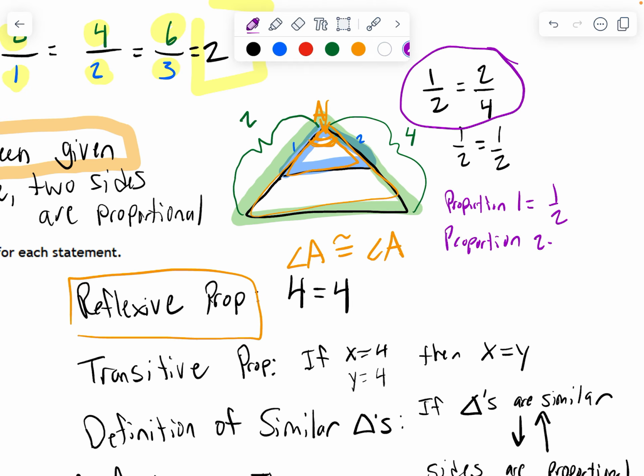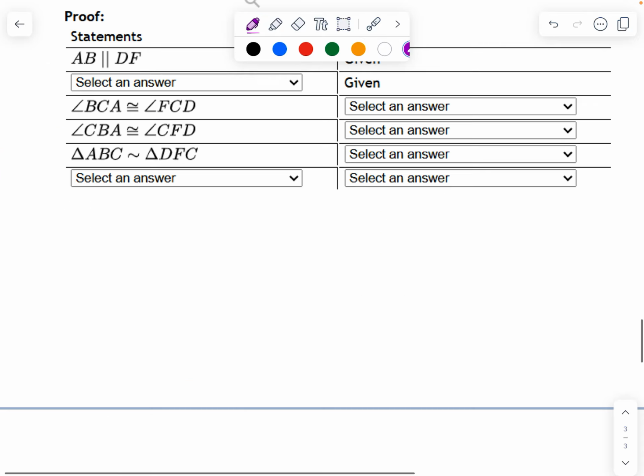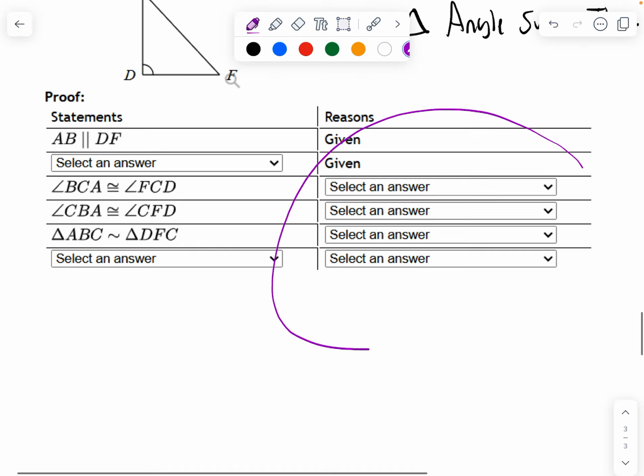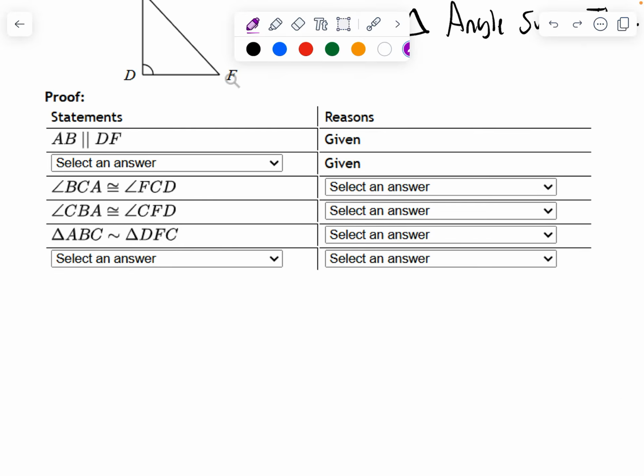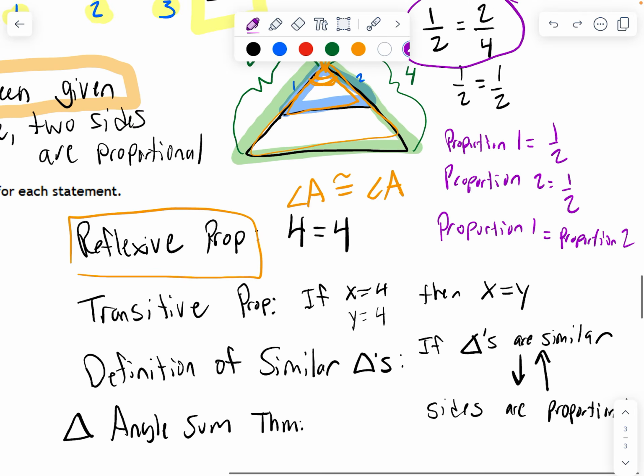Proportion 2 equals 1/2, which means my proportion 1 equals proportion 2. That is the transitive property. So if I'm using side, side, side, or side angle side, you will use the transitive property to prove, right? In your formal definitions, you're going to be saying by the transitive property, my proportions are equal. Okay? That's what that next one means.